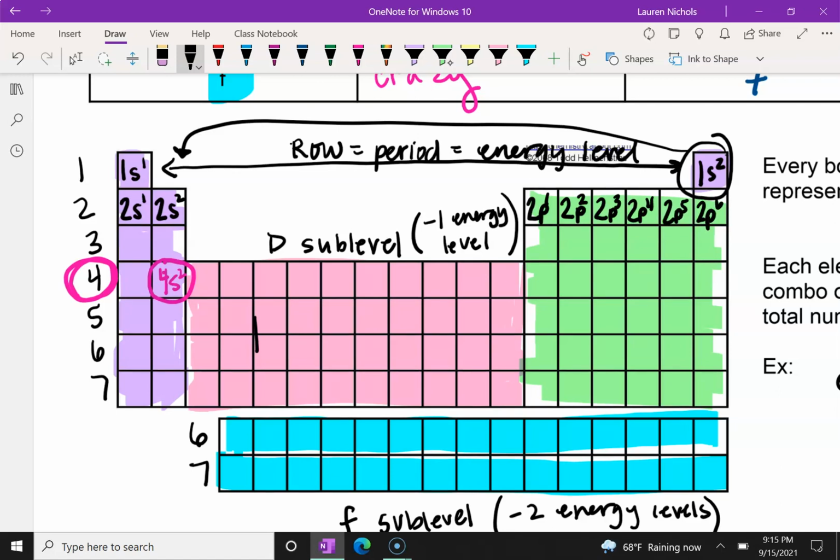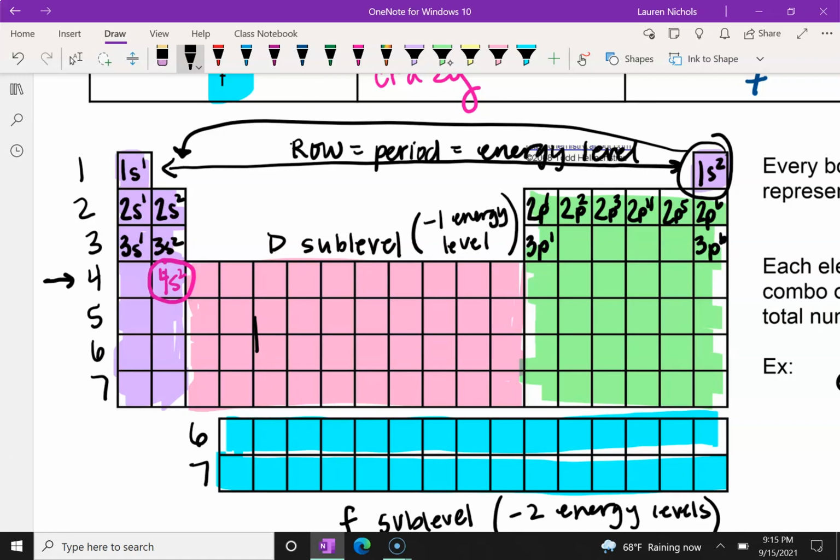So your electrons basically fill in the spots from the lowest energy level, starting at energy level 1, and then they go up. Now, where that gets complicated is in row 4. Here you have your 3 S's, 3s1, 3s2, and then you have your 3 P's, 3p1 through 3p6.